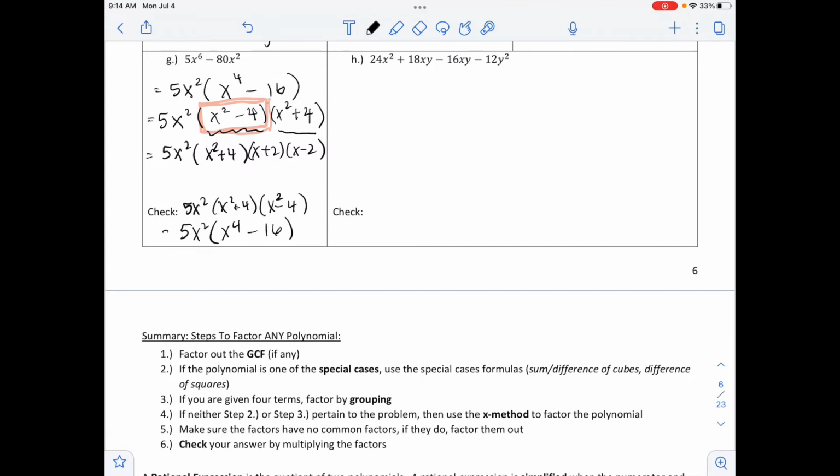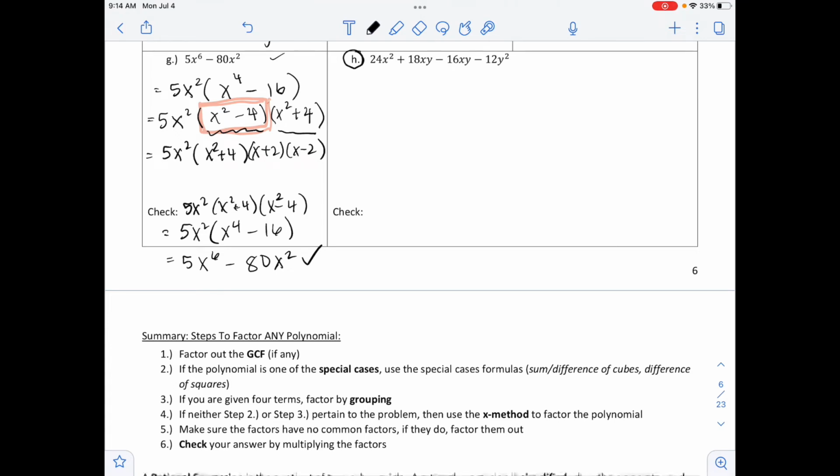And then again, distributing through that 5x squared, we get 5x to the 6th minus 80x squared, which checks to what we had up above. Part H, we have 4 terms this time, so I'm going to go ahead and circle this one, and we'll look at that one together in class.